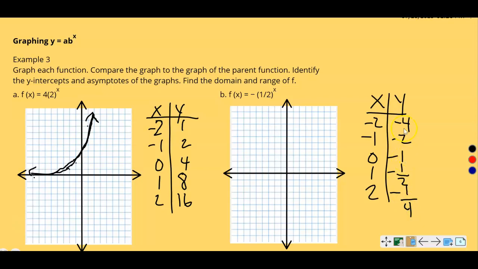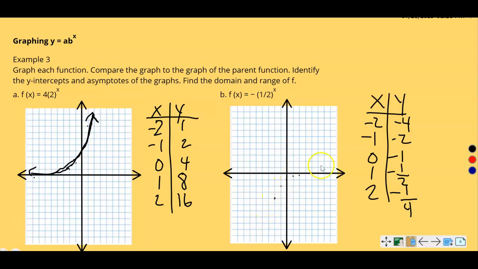All right, so again, we can graph these points. So I'm going to have -2, -4, -1, -2, 0, -1, 1 and -1/2, 2 and -1/4.